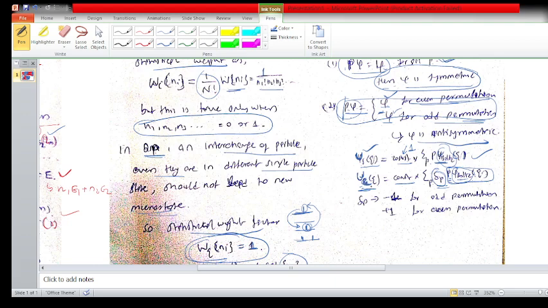Antisymmetric means that after permutation this wave function will give you u or minus u, depending on delta p, which can be negative or positive. It is -1 for an odd permutation, and +1 for an even permutation.